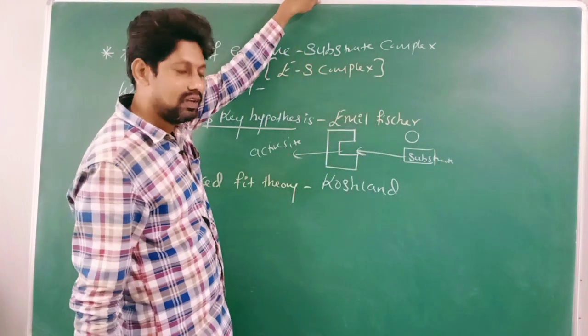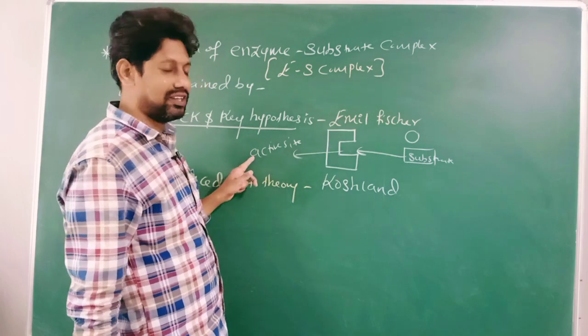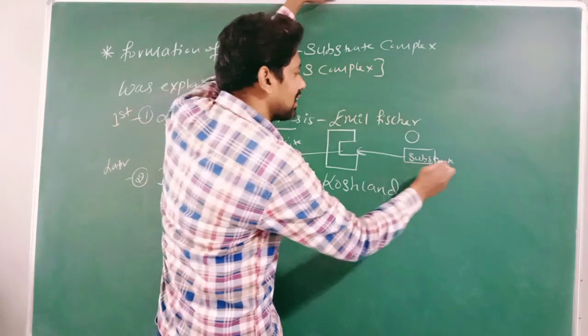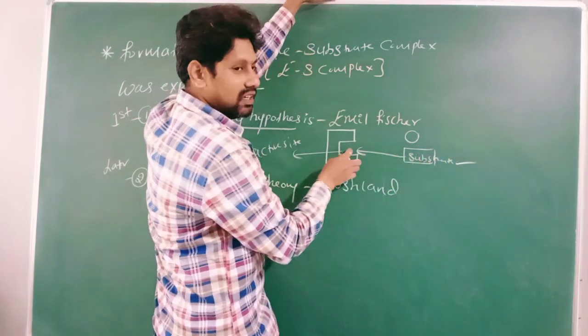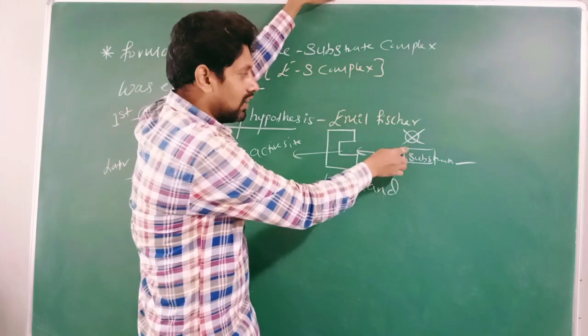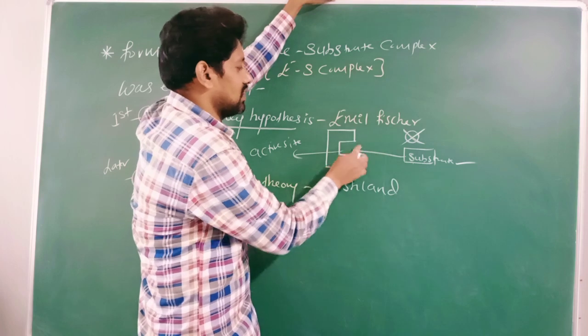See this diagram. This is an enzyme having a specific site called active site. In this active site only a particular substrate can bind. Only this substrate can bind, this cannot bind. Why? Because its structure is similar to the structure of the active site.